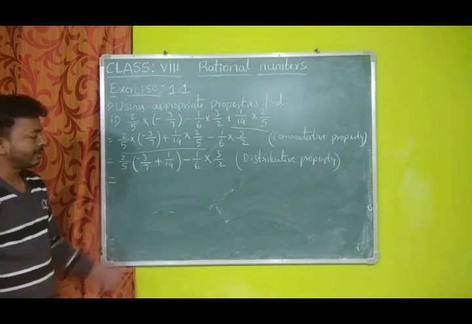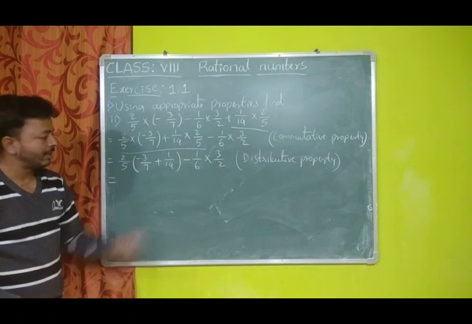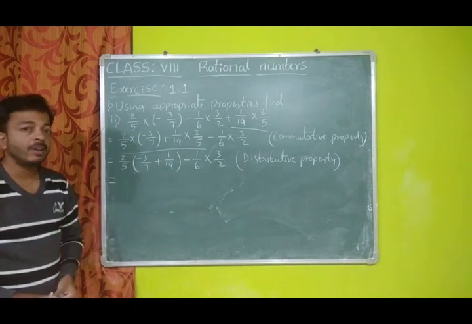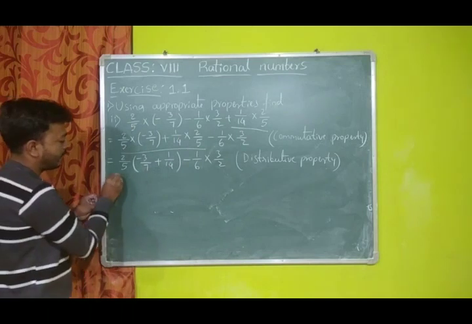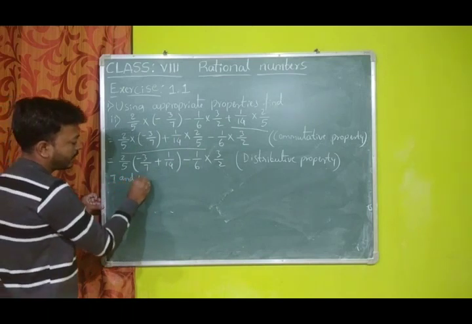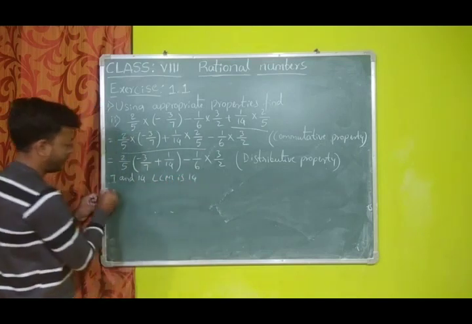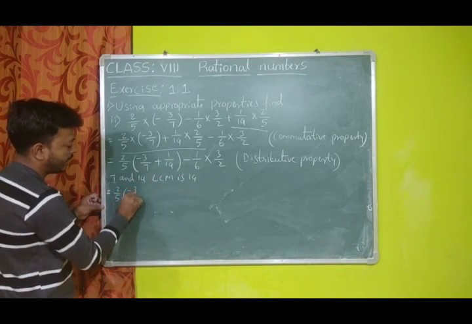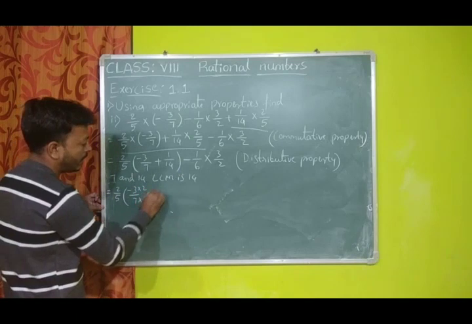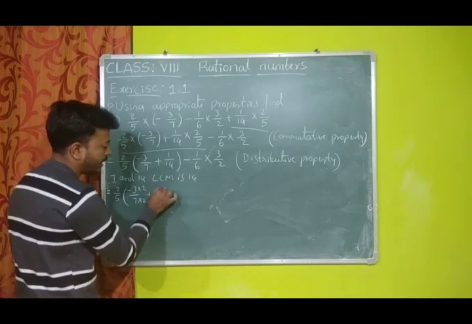Now just simplify this. Are you getting this? 7 and 14 are what? 14 is a multiple of 7 and 7 is a factor of 14. So now the LCM of 7 and 14 is 14. Now 2 upon 5 bracket, minus 3 divided by 7 multiplied by what? 2, multiplied by 2, plus 1 upon 14. How much do I have to multiply? It's already 14, multiplied by 1.